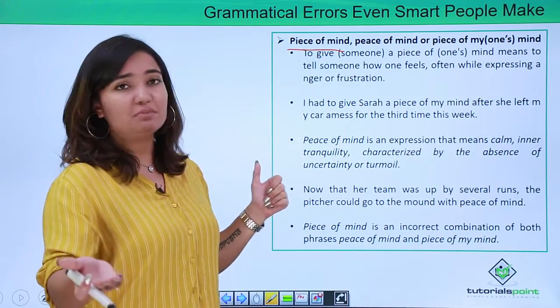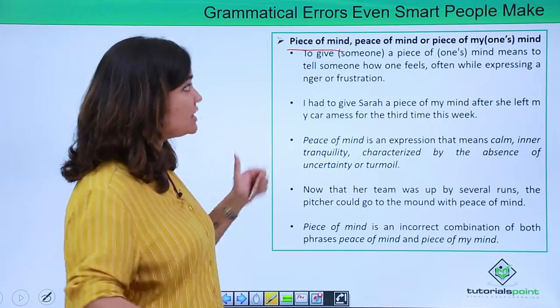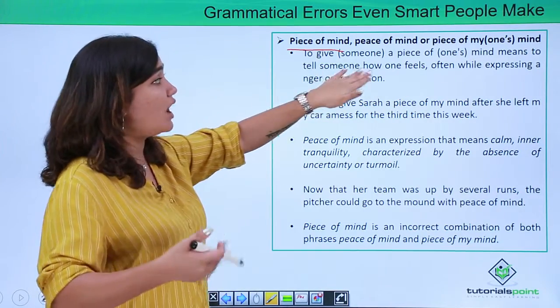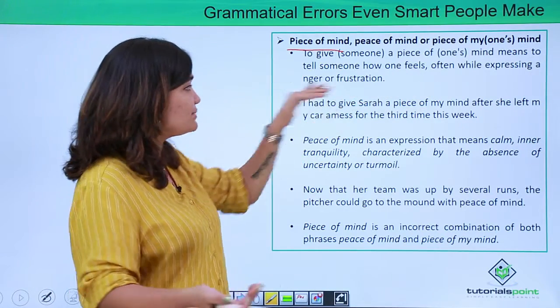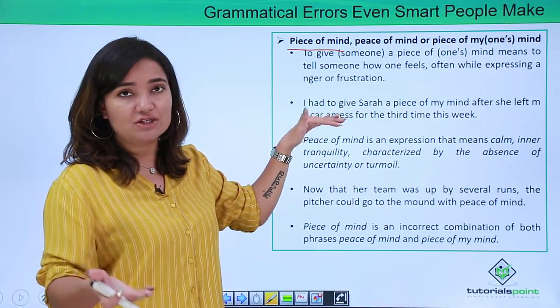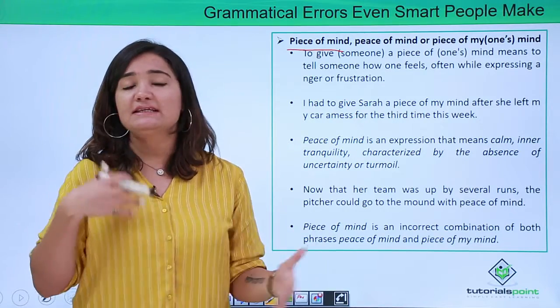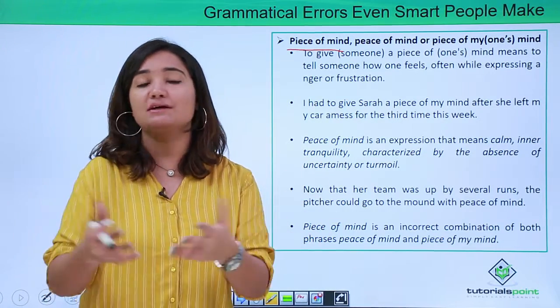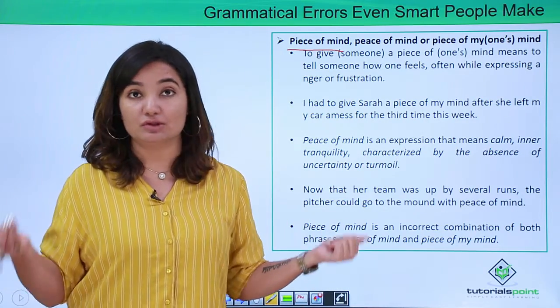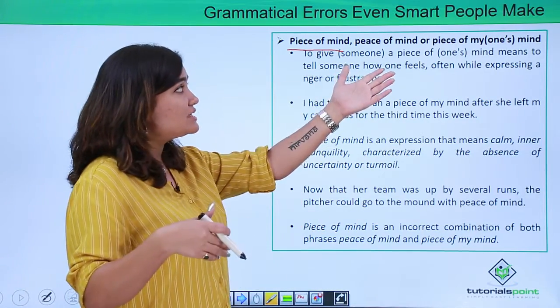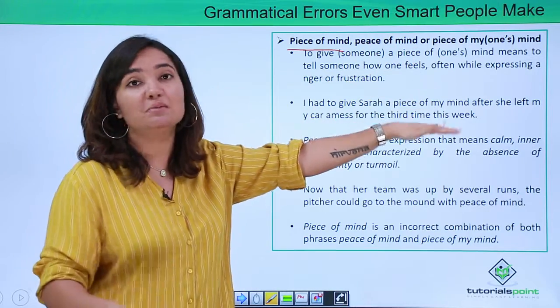So what does piece of one's mind mean? It means to tell someone how one feels. Usually, often while expressing anger or frustration, which means you are maybe letting out your anger or venting it out with any particular person that you are referring to according to the context, right? So that is what is meant by piece of one's mind, right?